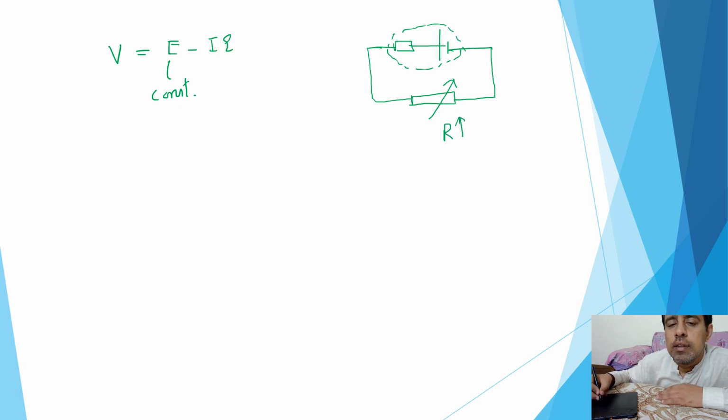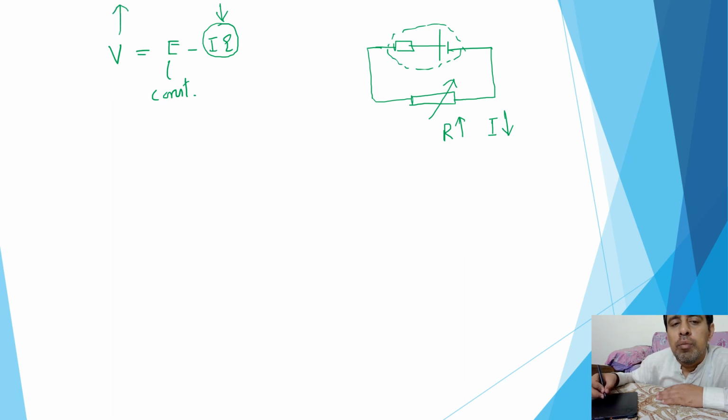We increase the resistance. When the resistance increases, the overall resistance of the circuit increases and the current decreases, meaning the current falls. When the current falls, this whole factor Ir decreases. So a smaller value will be subtracted from the EMF and hence this voltage increases.